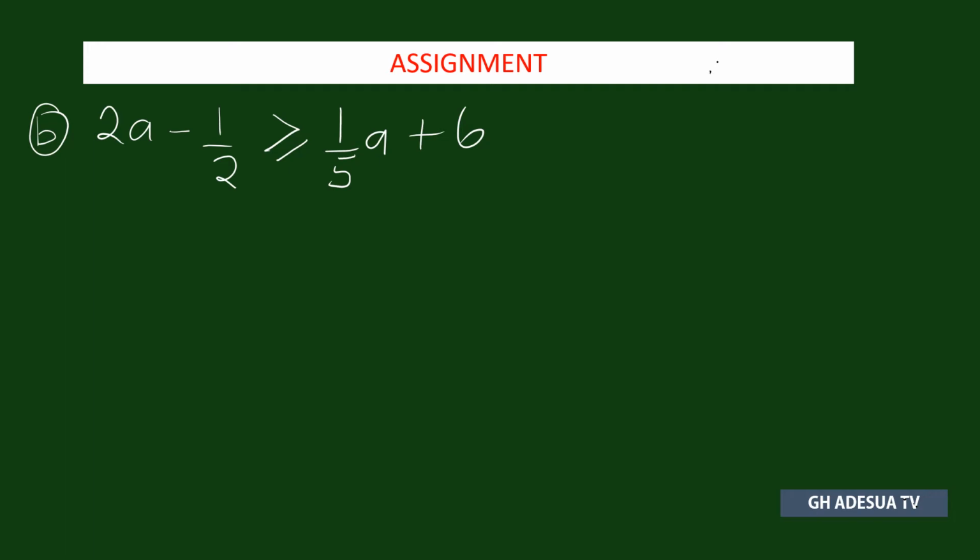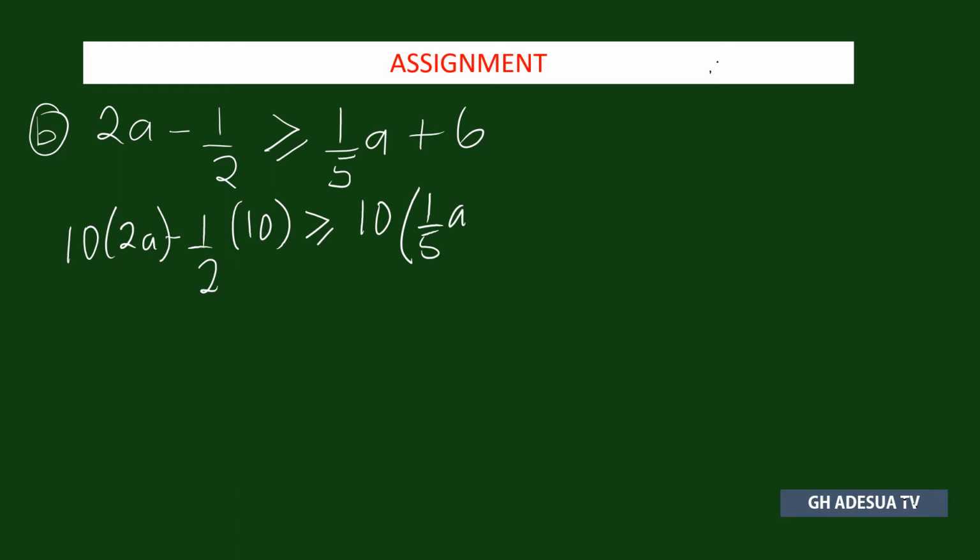Okay, so in this question, you realize that you have denominators of 2 and 5, so you multiply through by 10. So 10 into bracket 2a minus a half, greater or equal to 10 into bracket 1 over 5a plus 6. So we're multiplying through by 10.